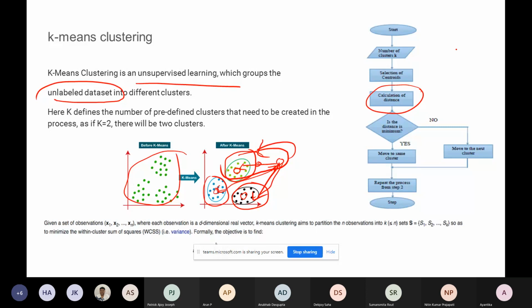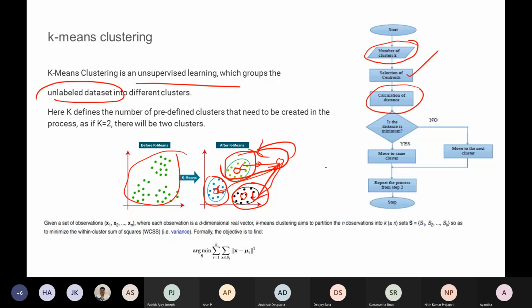You can see in this flow chart that you decide the number of clusters, that is k. Then you select the centroid. Then when you have a new data point, you calculate the distance. For this distance calculation, there are different ways. Remember we talked about something called the norm calculation.